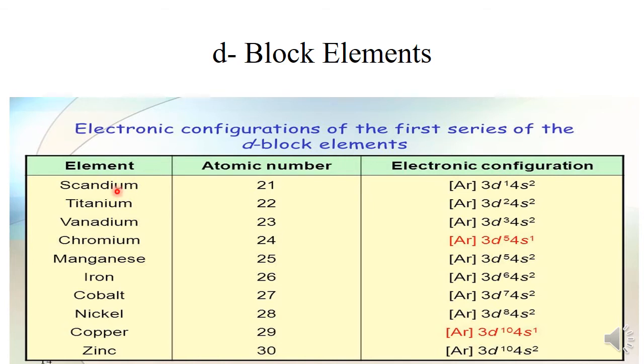In case of scandium, it is 3d1 4s2, titanium 3d2 4s2 and similarly chromium 3d5 4s1 and copper 3d10 4s1. As we have already studied in class 11, chromium and copper always show exceptional electronic configuration.